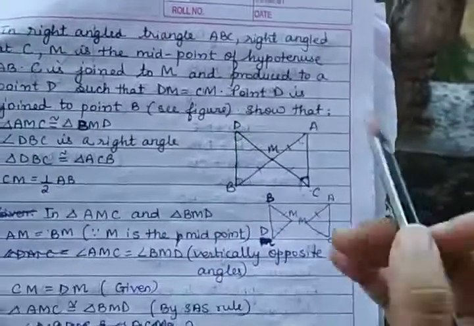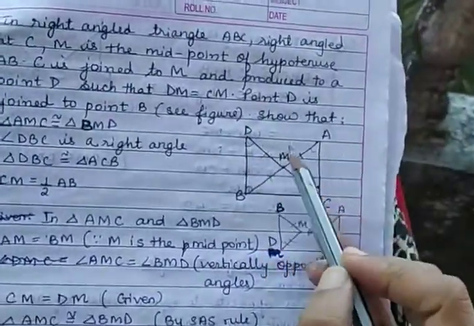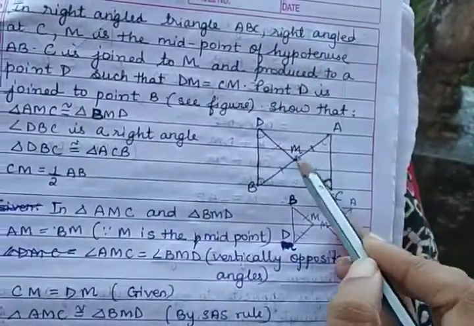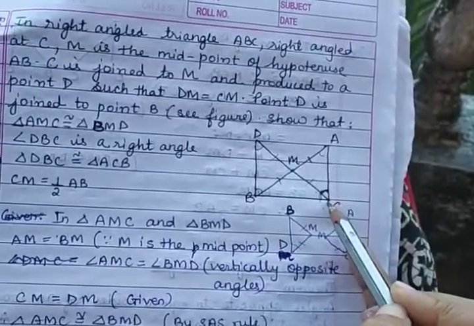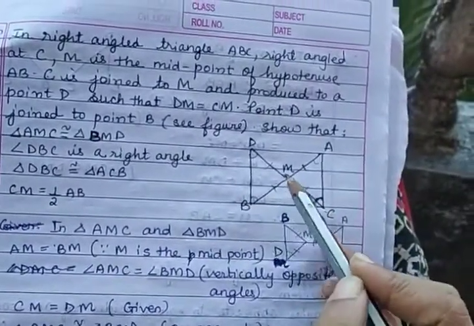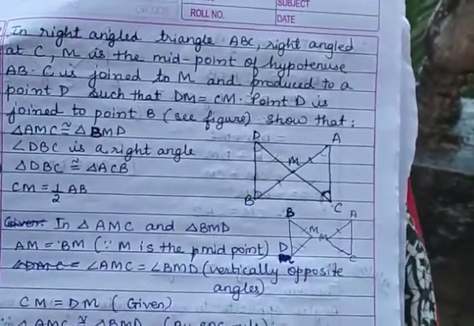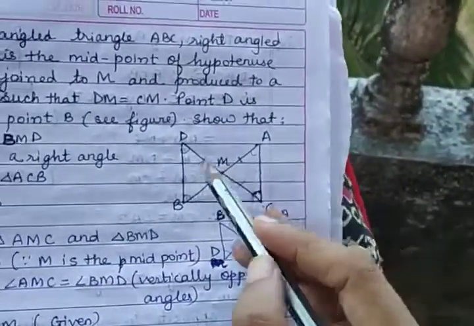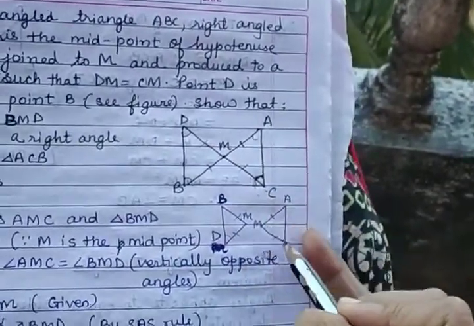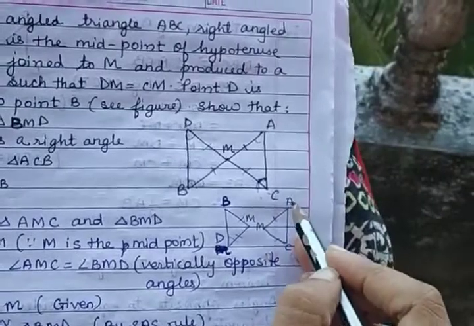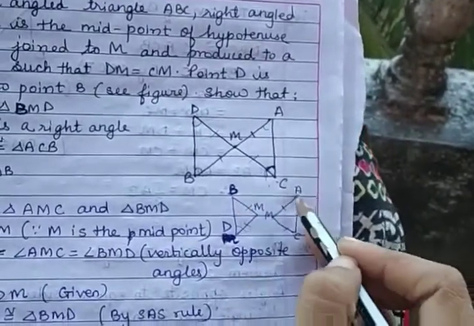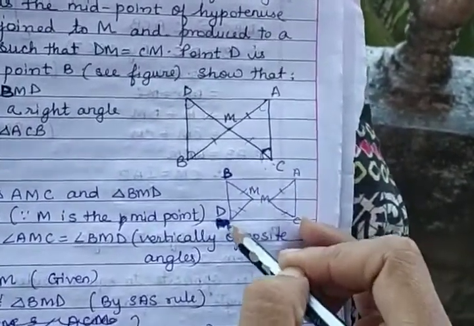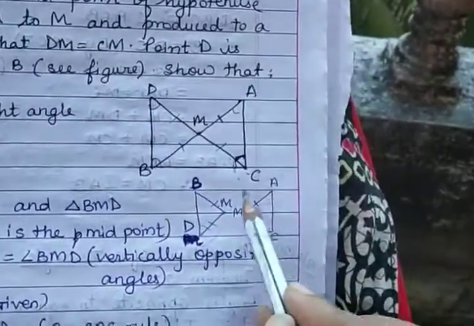Now let us take the first one, that you have to prove that triangle AMC is congruent to triangle BMD. So you are given triangle AMC, and wherever there is A, B should come. So BMD. These are your two triangles.